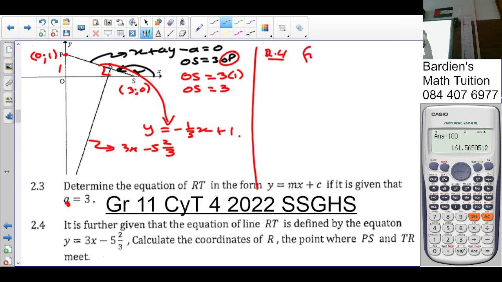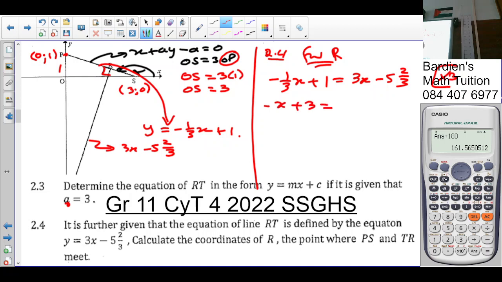2.4. For the coordinates of R, we set the two equations equal to each other. So negative a third x plus 1 is equal to 3x minus 5 and 2/3. I'm going to multiply throughout by 3. It's going to give you negative x plus 3 is equal to 9x minus 17.